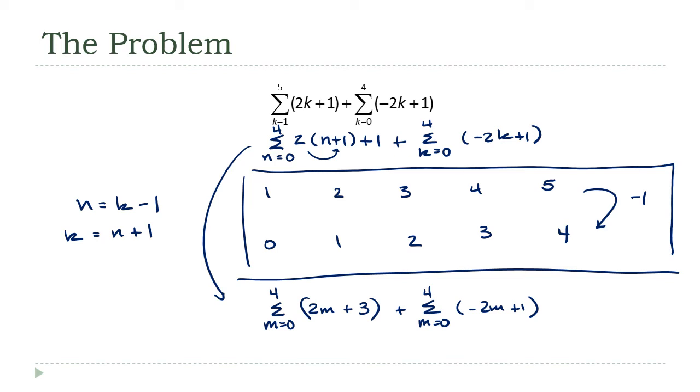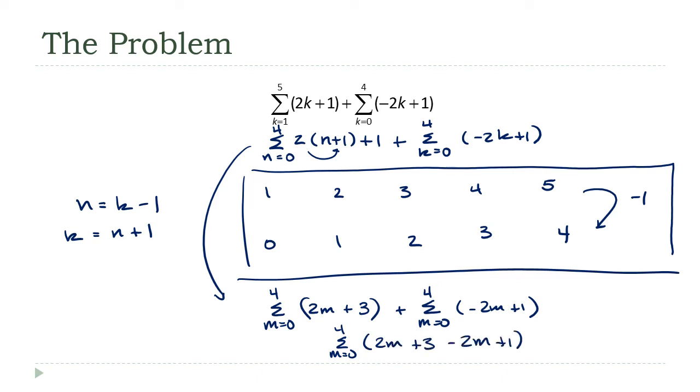Better just to change everything over to a new variable that hasn't been used anywhere. And now I can use our property from the last lecture and combine these two together. This is the sum m equals 0 to 4, 2m plus 3 minus 2m plus 1.